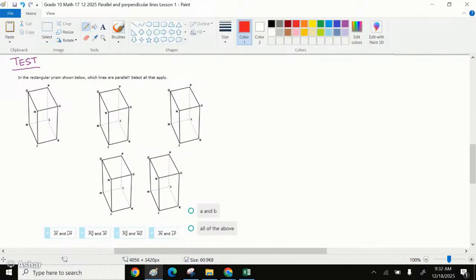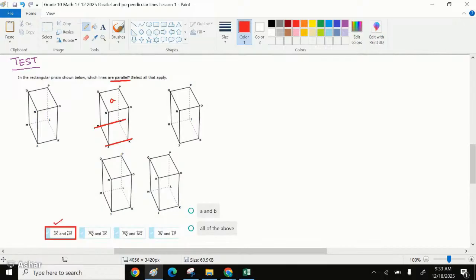The first thing first, we pick JK and LM. Where is JK? JK and LM. And we were to find the parallel lines. That means this is parallel. Option A, this is option A, is parallel.